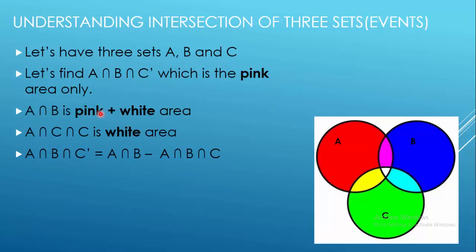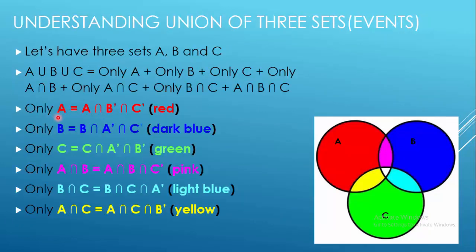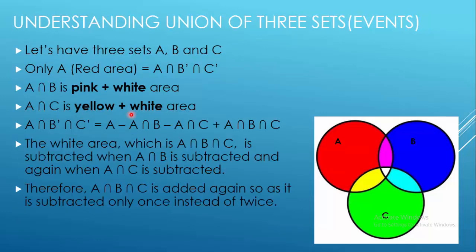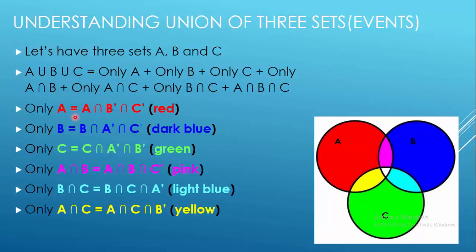Using the previous knowledge on these two slides, we say that A is equal to A intersection B complement intersection C complement. We have already derived this area A over here. So we have what we have already discovered.